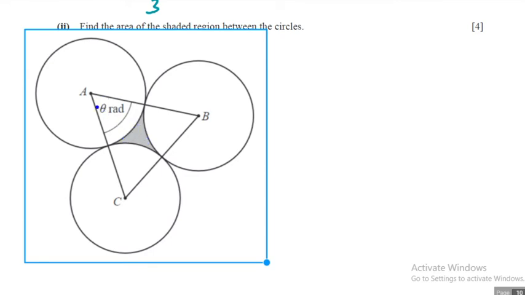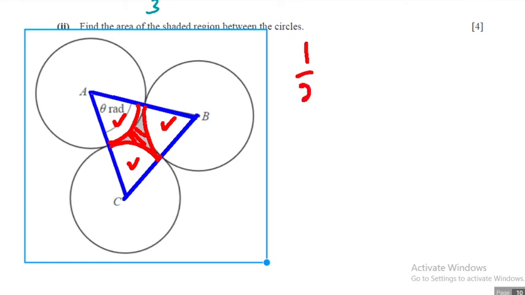We find the area of the triangle and we minus the three sectors here. We minus this, minus this, minus this. Ta-da! We can get the middle. So we find the area of the triangle, we minus the three sectors. That's it. So let's find the area of the triangle.